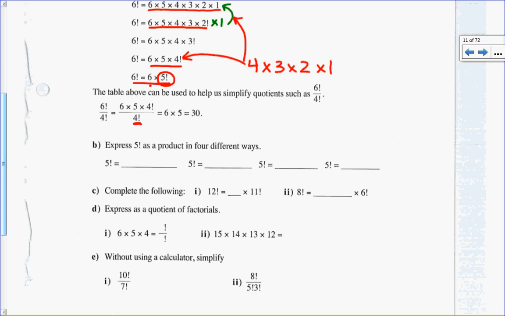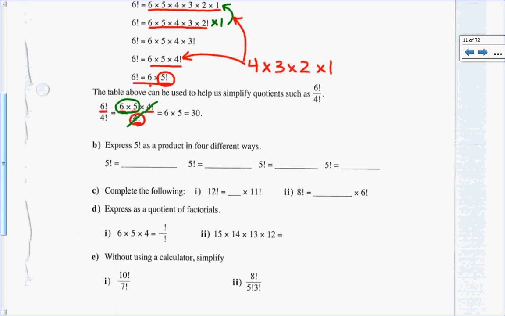So when I'm expanding 6 factorial, I expanded 6 times 5 times 4, but I want to stop there because my denominator is 4 factorial. Okay, so I could just say times 4 and then factorial, which means it does keep going. And the beautiful thing about that is then this 4 factorial cancels this 4 factorial, and you're left with a quotient of just 6 times 5 in the numerator, which equals 30.